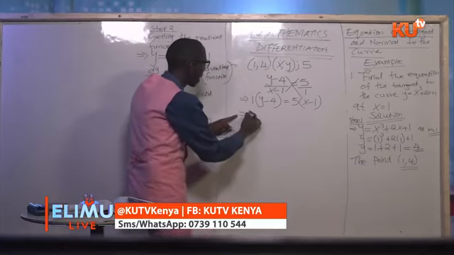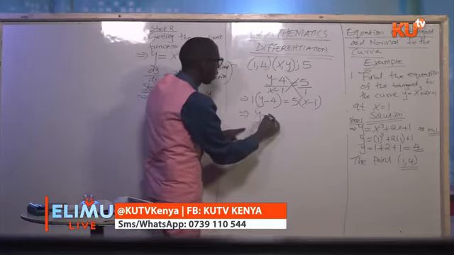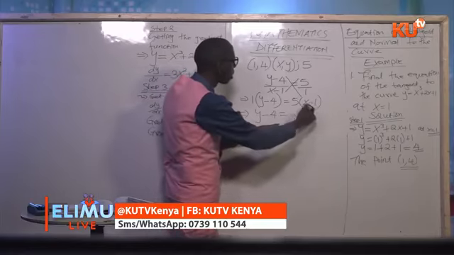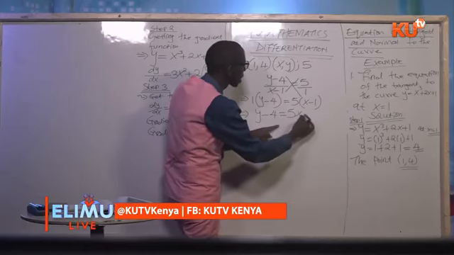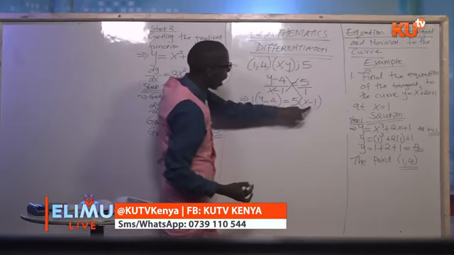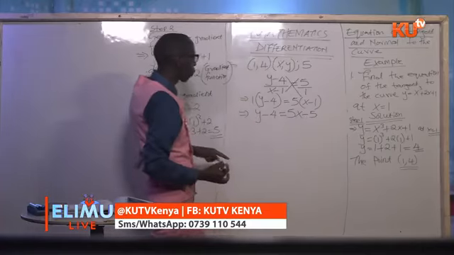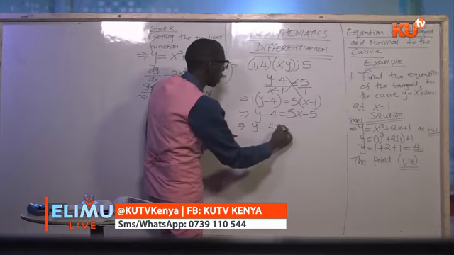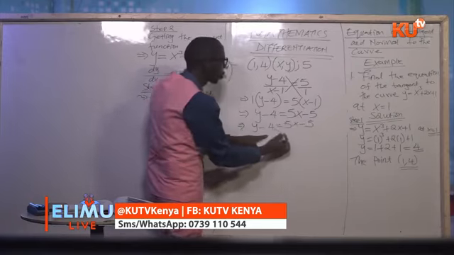Open the bracket. 1 times y is y, 1 times 4 is minus 4, is equal to 5 times x is 5x, 5 times 1, and there is a negative here, so it will be minus 5. Now we have y minus 4 is equal to 5x minus 5. Take 4 to the other side.